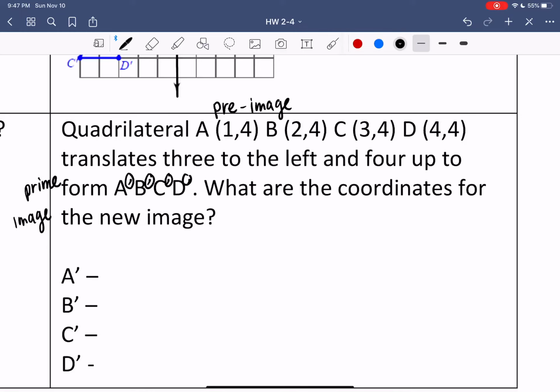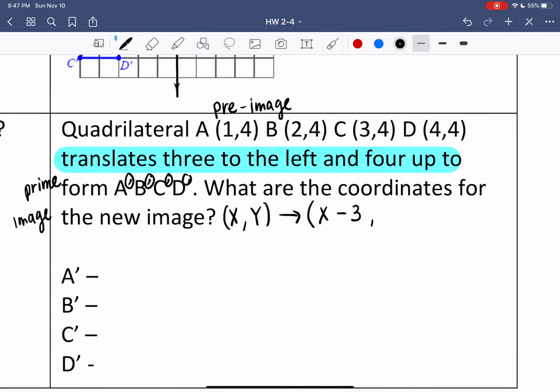What I'm going to do is rewrite the rule they give us here in number form. So they're saying our rule is taking coordinate x, y and translating it 3 to the left, which would be on the x-axis, x minus 3, comma, and 4 up.